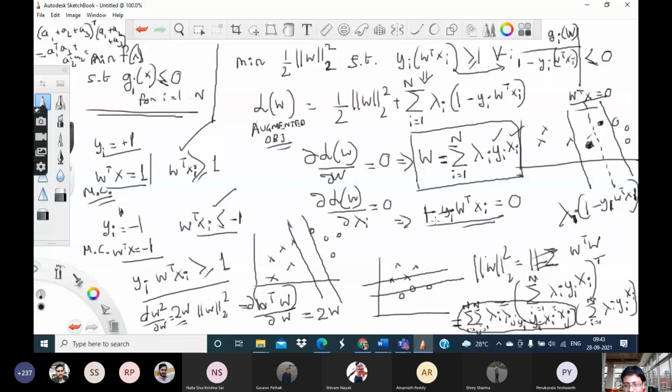So we solve the QP, which is a quadratic function, and get all the values of lambda. Once we get the value of lambda, we can plug those values in here, and we can then get the value of w.